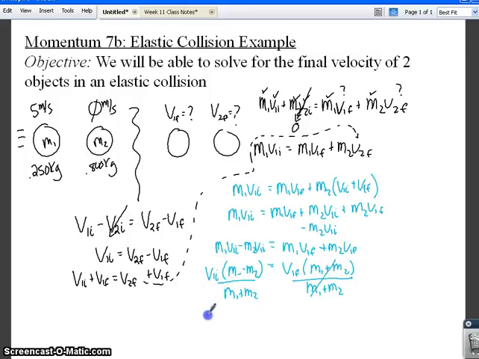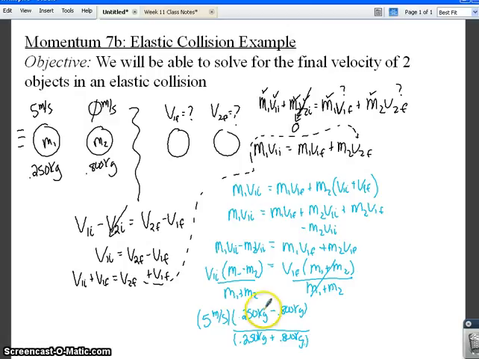The initial speed is 5 meters a second. The mass of object 1 is 0.250 kilograms minus the mass of object 2, which is 0.800 kilograms, over 0.250 kilograms plus 0.800 kilograms.